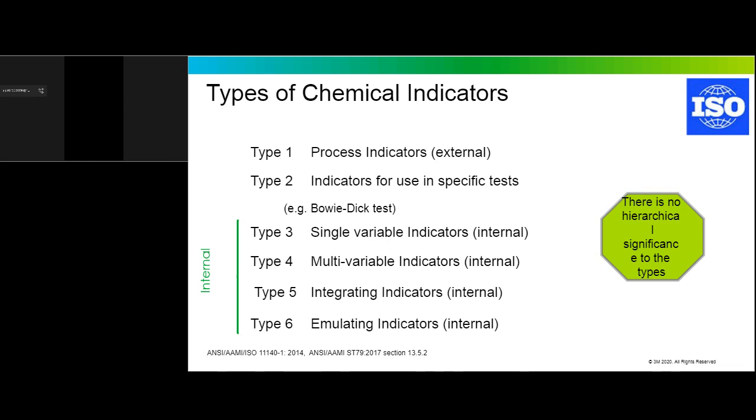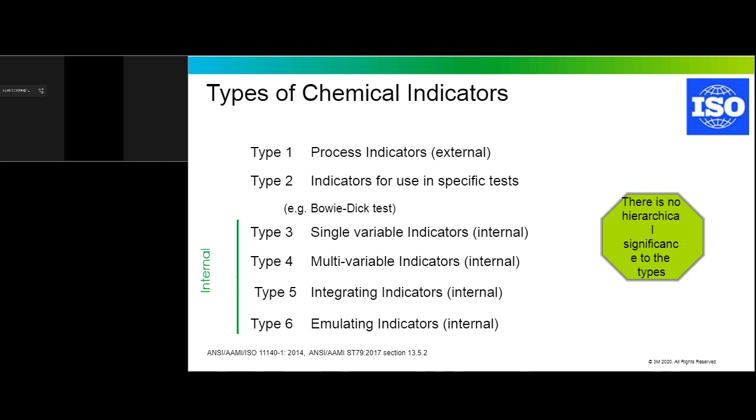So basically, each type of CI has its own job to do, and specific performance specifications laid out in that ISO standard. So when you first look at that list, you might think it's a hierarchy, but I wanted to share that ISO specifically says this is not the case. So it's not like a type 4 internal chemical indicator is more important than our type 2 Boyd-Dick test, which of course is critical to know that our PREVAC system is working correctly.